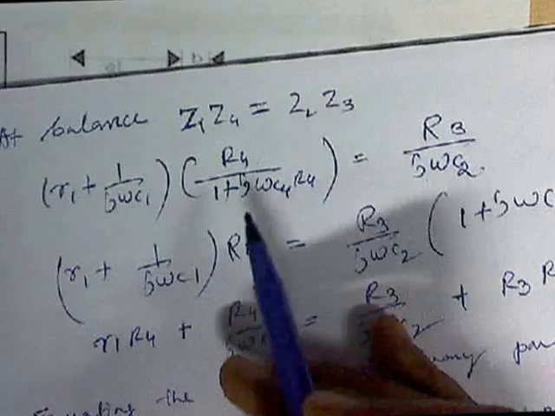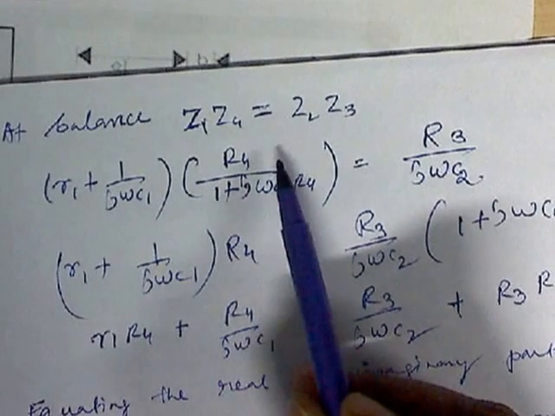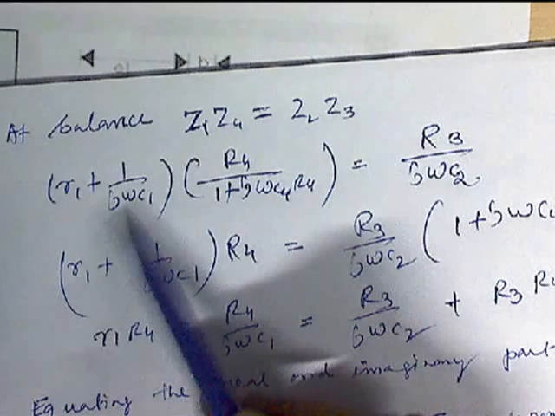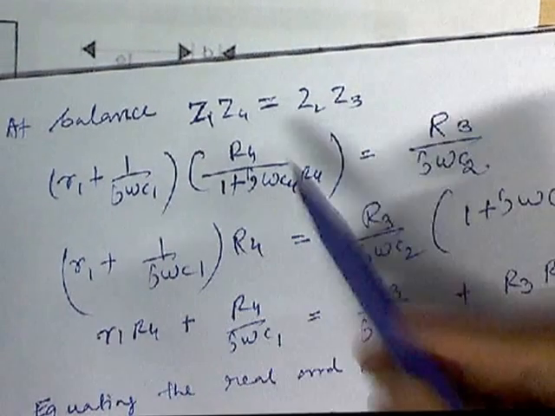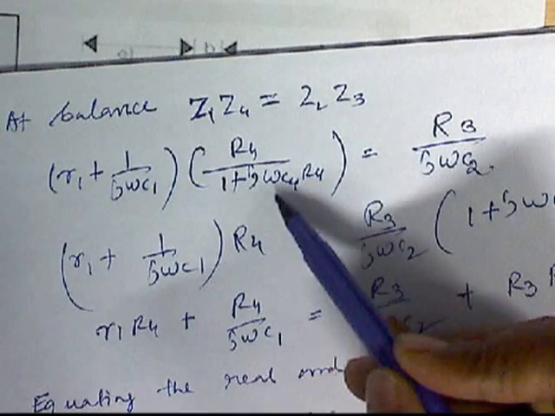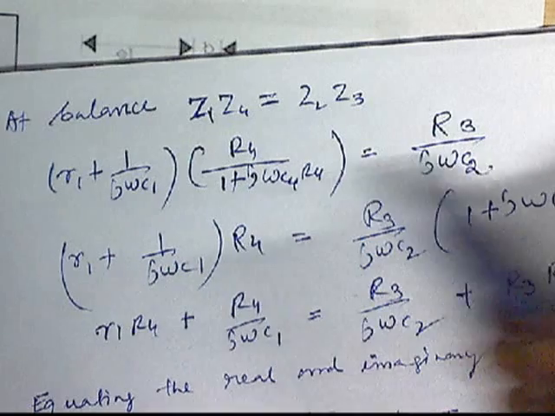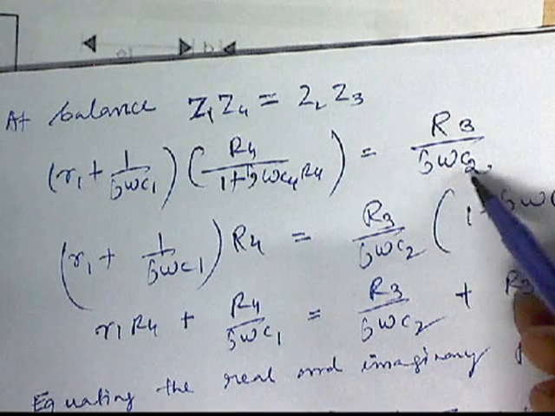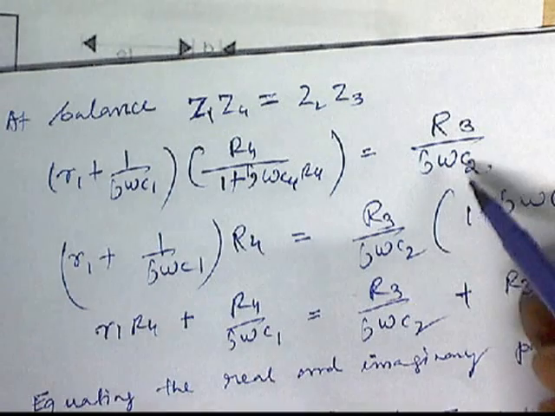At balance condition, Z1 Z4 is equal to Z2 Z3. So Z1 is equal to R1 plus 1 by j omega C1, Z4 is equal to R4 by 1 plus j omega C4 R4, Z2 is equal to 1 by j omega C2, and Z3 is equal to R3.